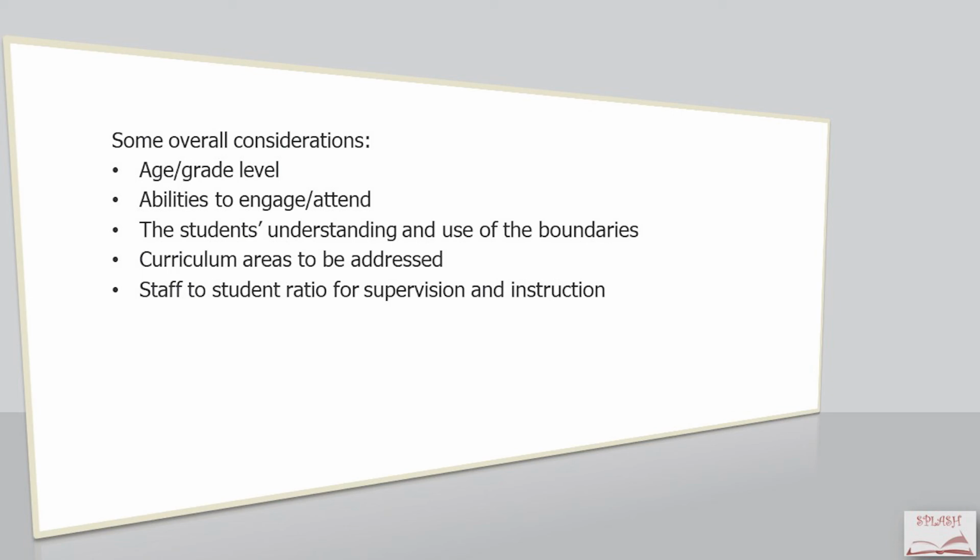Can the students specifically understand what they're supposed to be doing in certain areas of the room? In addition, you need to consider what curricular areas need to be addressed, which should be defined by your classroom schedule. Lastly, staff to student ratio for supervision and instruction should also be a major consideration as you're developing your physical structure.